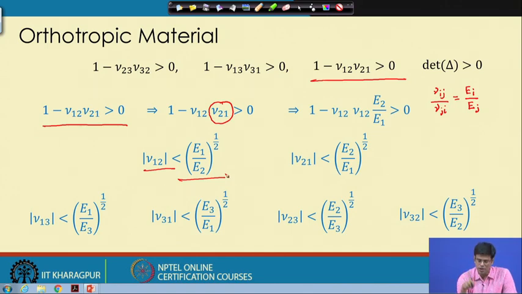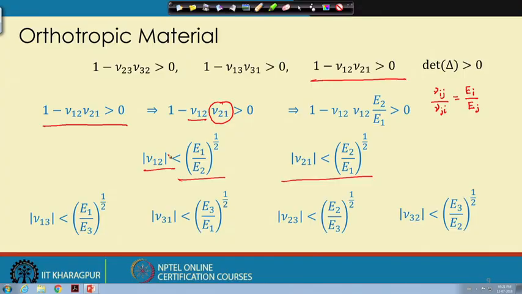Similarly, instead of the nu12 substitution, we can substitute nu21 in terms of nu12, or nu12 in terms of nu21, which will give me this relation. So, essentially you see that Poisson's ratio cannot be arbitrary. Poisson's ratio can be negative also, but the modulus of Poisson's ratio should be less than the square root of E1 by E2.